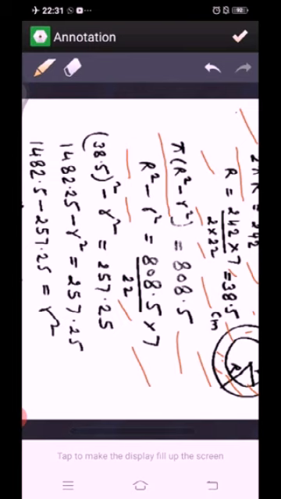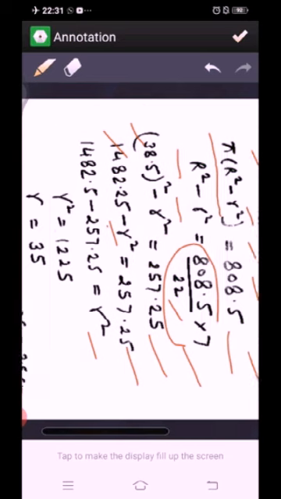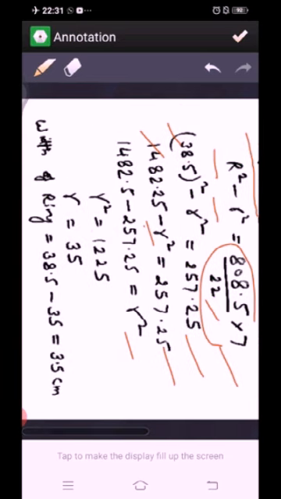The value of capital R is 38.5, we have got its square, we get 1482.25 minus r square is equal to, on calculation, 257.25. Now r square we transpose to the right hand side, 257.25 we bring to the left hand side. On subtraction we get r square equal to 1225. So r is equal to square root of 1225, we get 35.